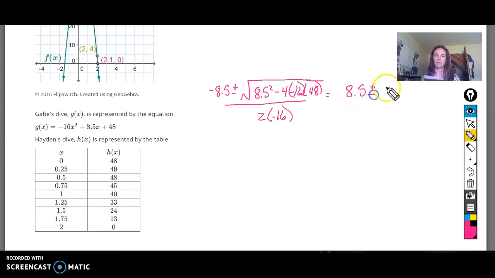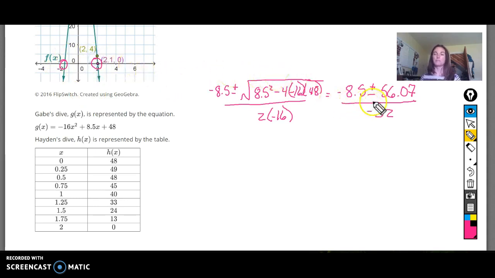8.5 plus or minus 56.07 all over negative 32. And this is a negative 8.5. What I really need is a positive answer. If I add 56 to this, I'm going to have a negative answer, and it'll give me this negative root. I want the positive root.